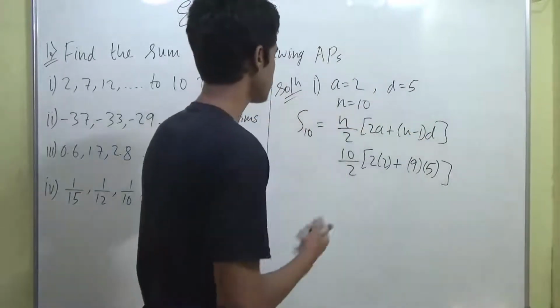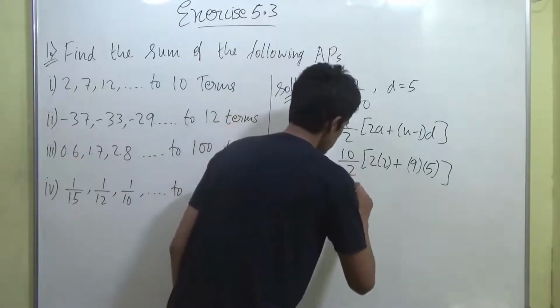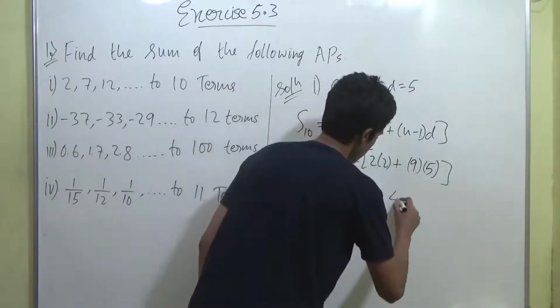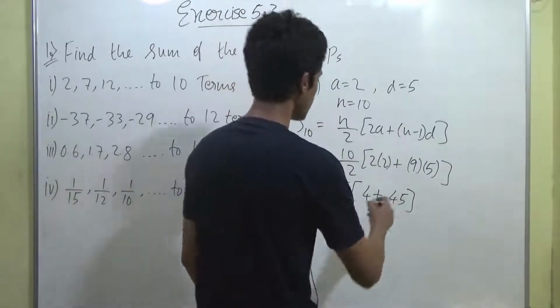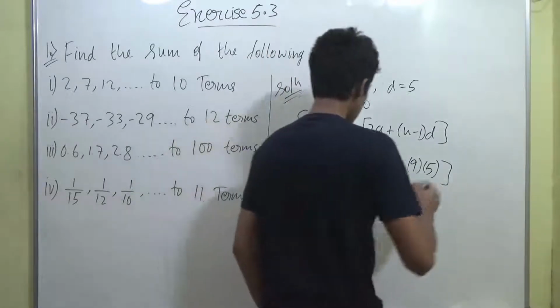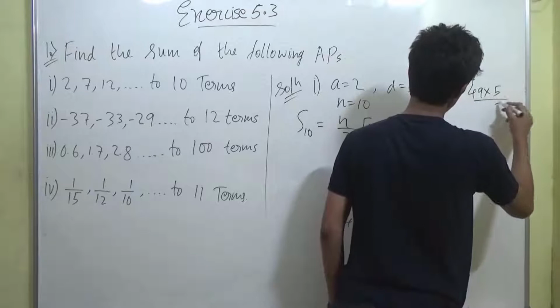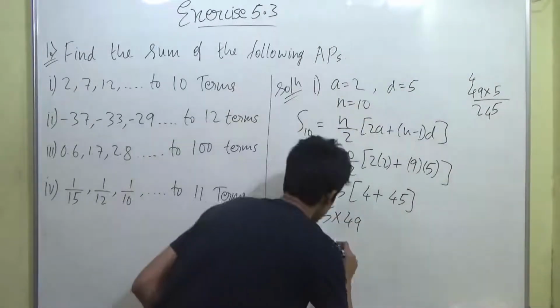So this became the expression after substitution. Now let's see, 10 by 2 is 5, and this is going to become 4 plus 45, because 9 into 5 is 45, so this becomes 49. 5 into 49, let me do it here once guys, it becomes 245.